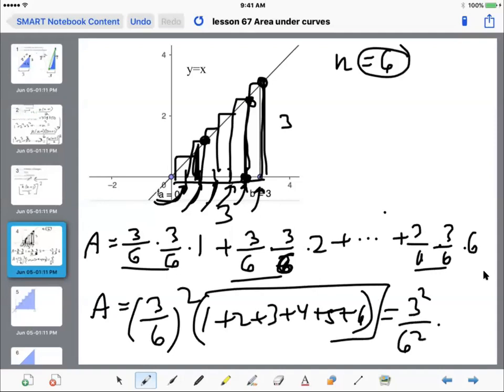And 1 plus 2 plus 3 plus 4 plus 5 plus 6. Yes, it's 21, but I'm going to write it as 6 times 7/2, because we have a formula for the sum of the consecutive integers.